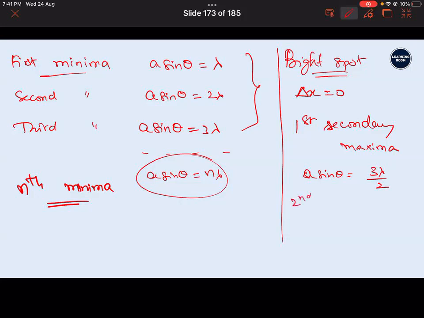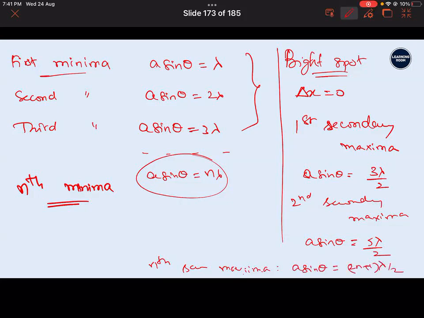Second secondary maximum, you will have 5 lambda by 2. Like this, if you have nth secondary maximum, what will you have? a sine theta will be equal to 2n plus 1 into lambda by 2. So it will be an odd multiple of lambda by 2.